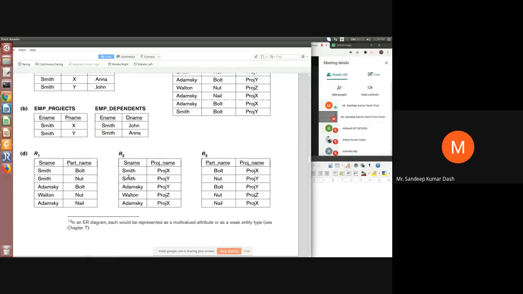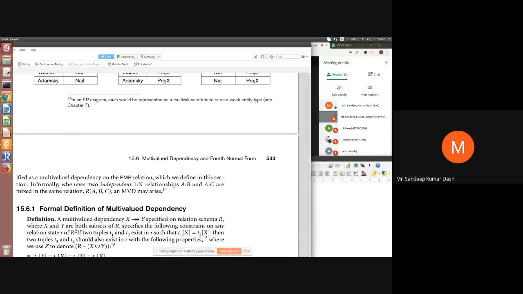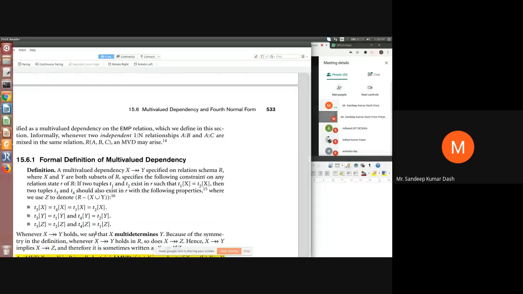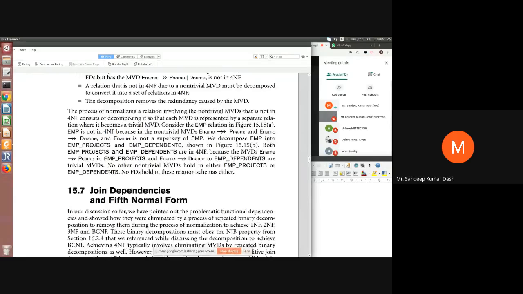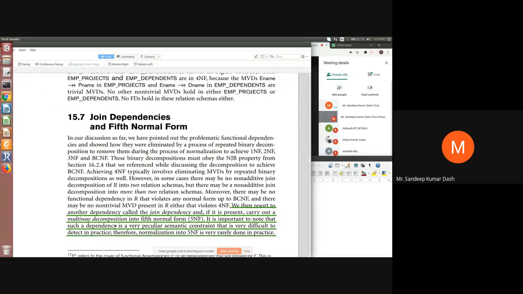These are the two tables you got out of this. Here it is mentioned somewhere. Let me show you.